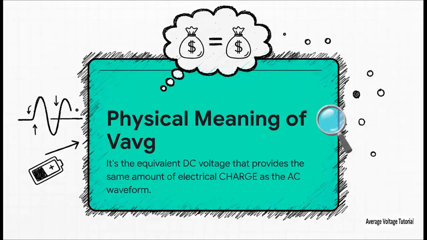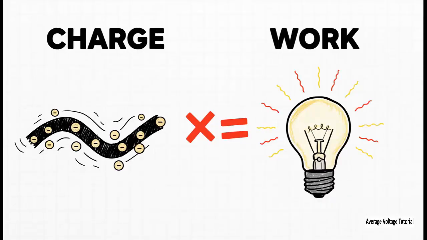So what that means is an AC signal with an average of 6.37 volts will push the exact same amount of electrons, the same amount of charge, through a circuit as a steady 6.37-volt DC battery would. It's all about charge transfer. But, and this is a really, really critical distinction, just moving electrons isn't the same thing as delivering power, doing actual work like lighting a bulb or spinning a motor or creating heat.